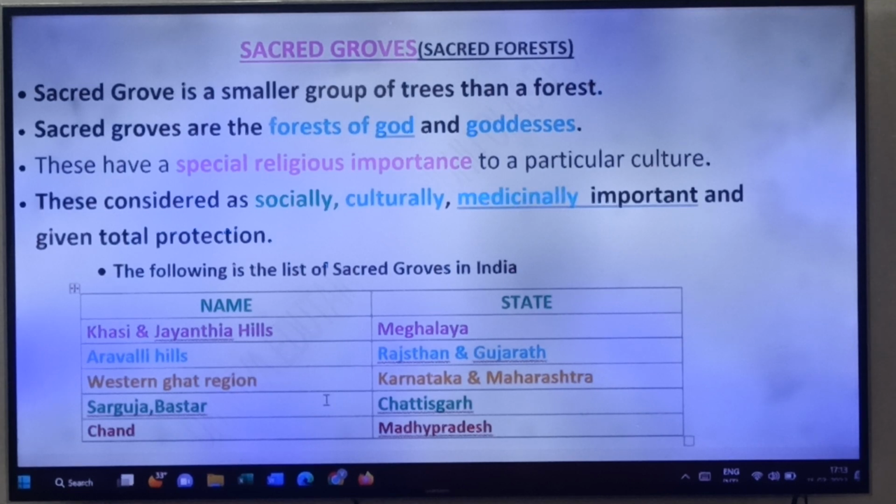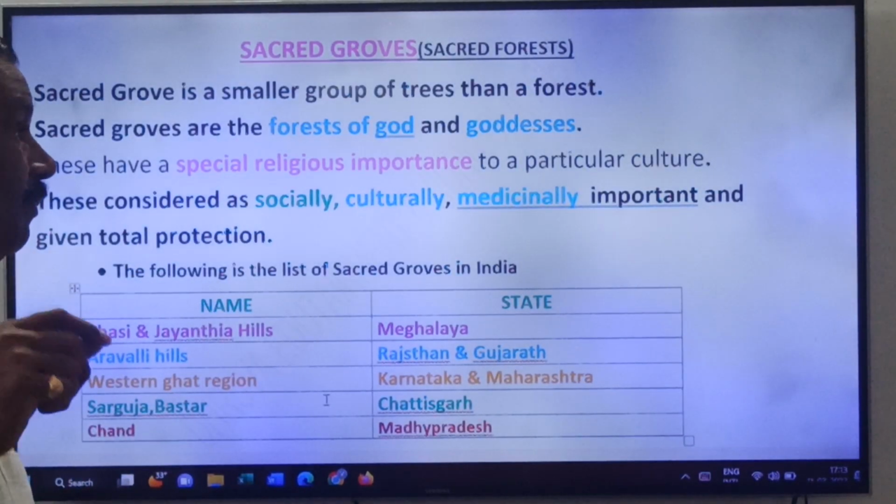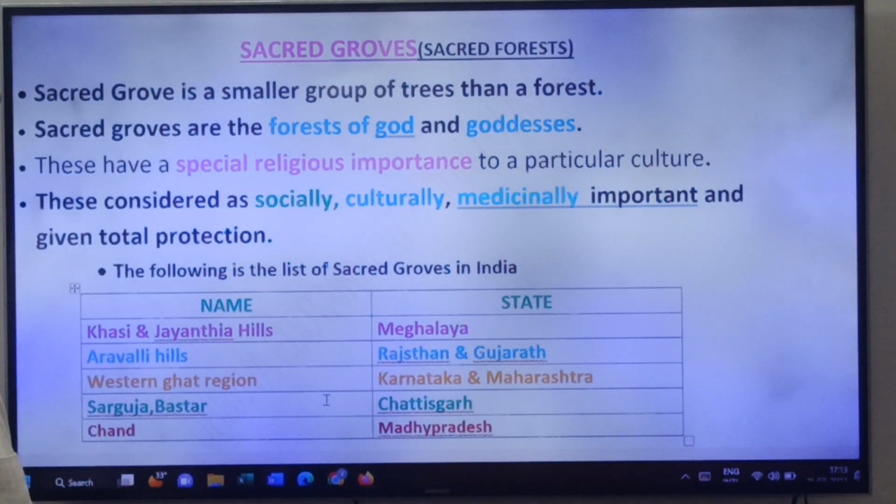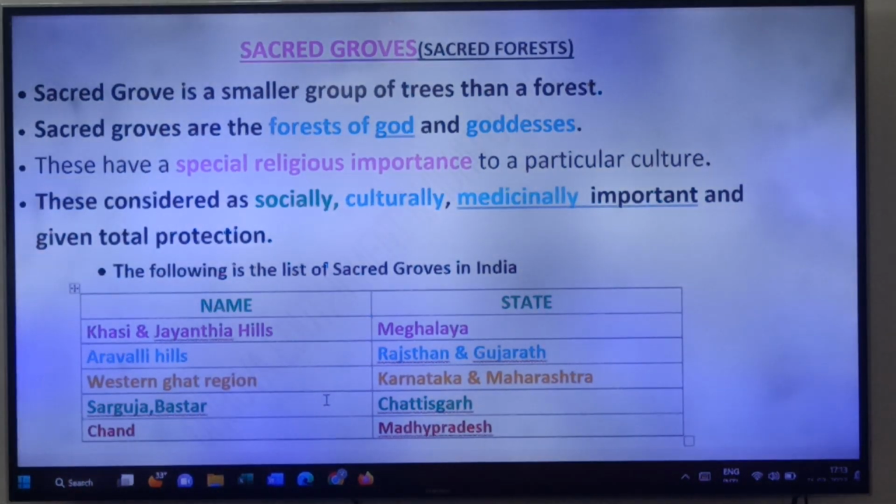Some tribals believe that a sacred grove is a forest of god or goddess. They have a special religious importance to a particular culture. The sacred groves have what, friends? A special religious importance for what? For a particular culture.